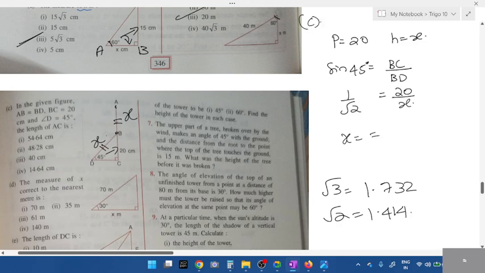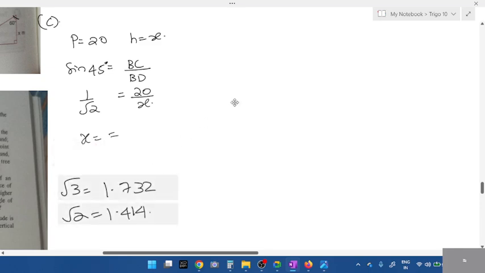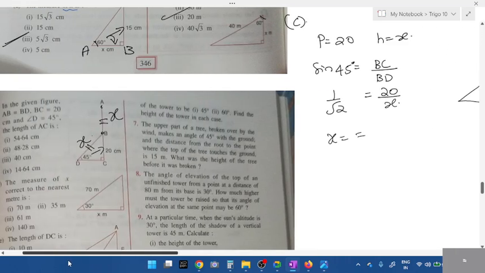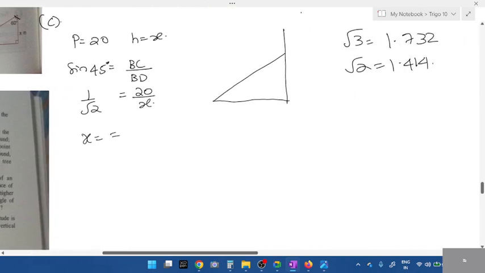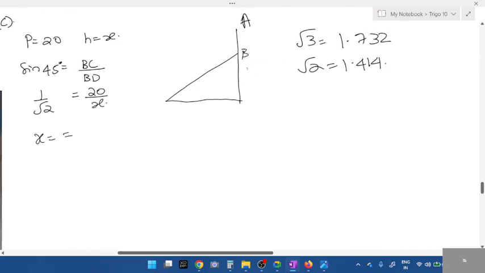Not able to get it? Okay, let me check. BC is 20.